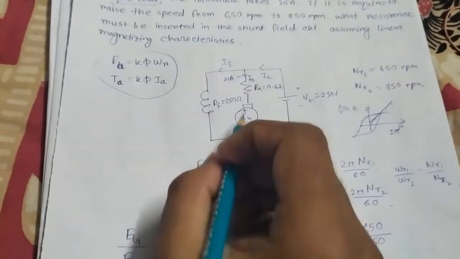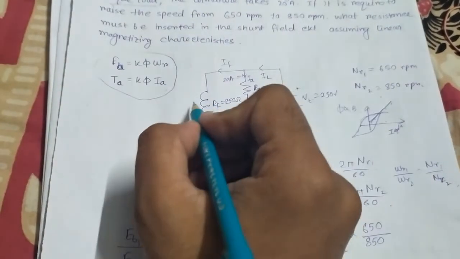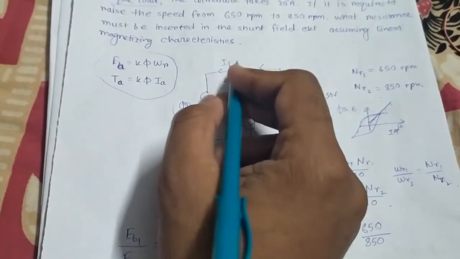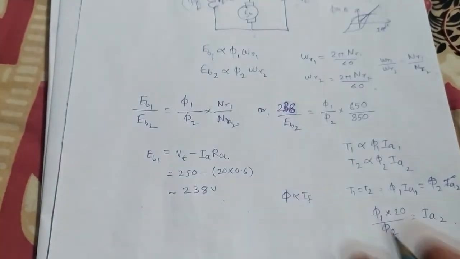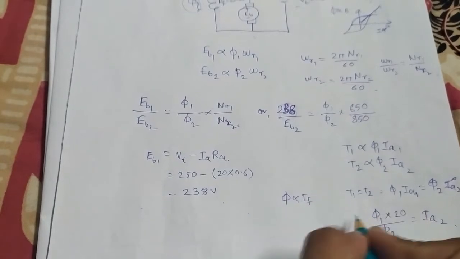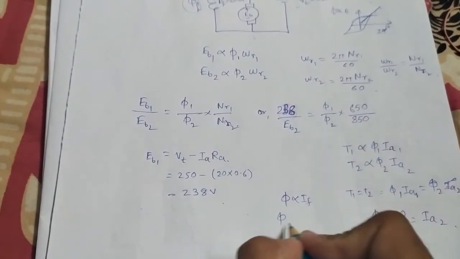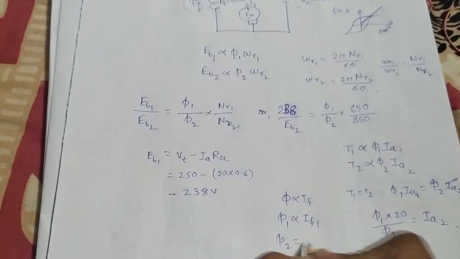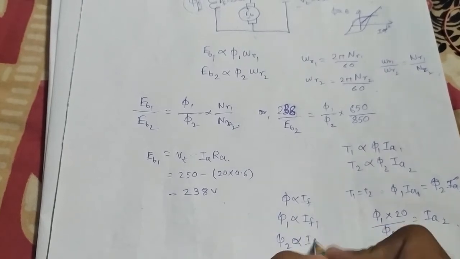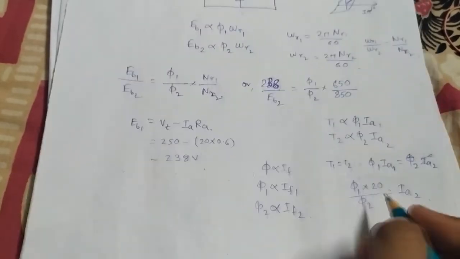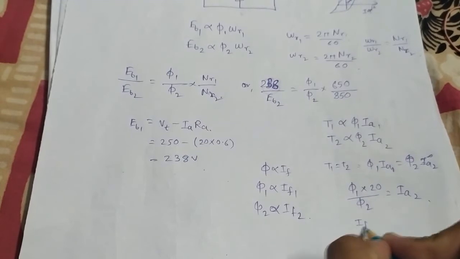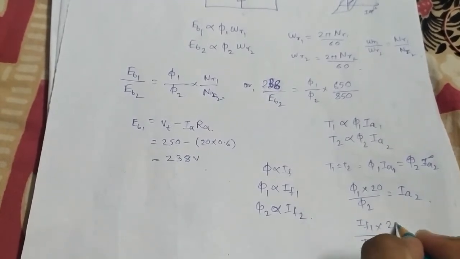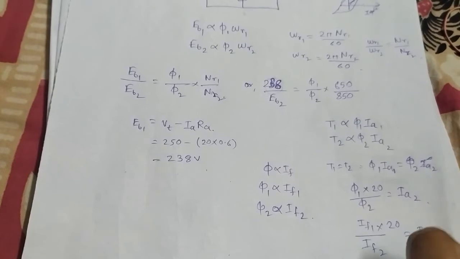The flux phi F will vary with If. Phi 1 will vary with If1 and phi 2 will vary with If2, right? So this equation can be further written as If1 divided by If2 into 20, that is equal to Ia2.